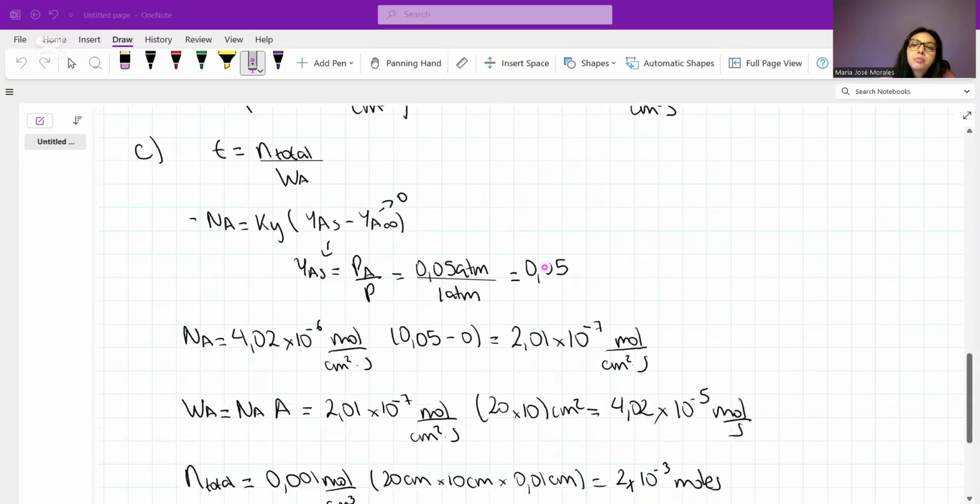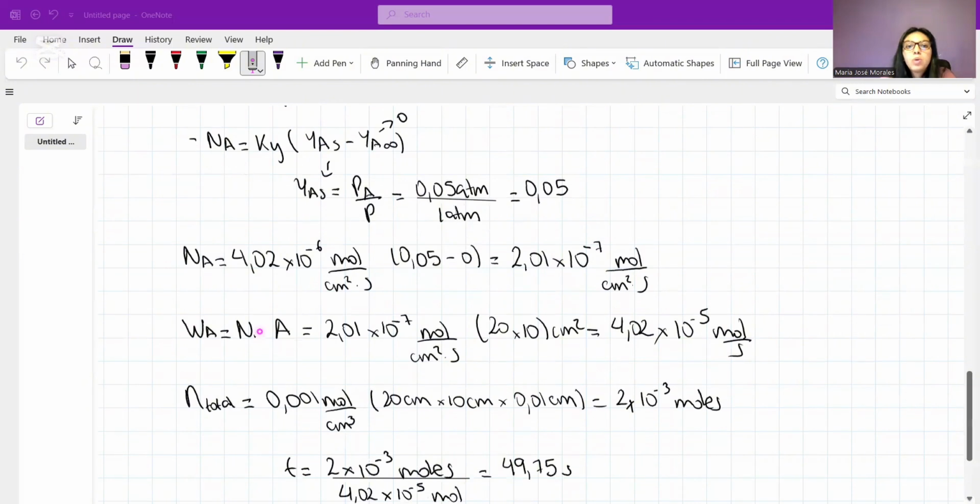We assume that this is 0, and we calculate this with the vapor pressure and the total pressure. Now, we replace these numbers and the numbers that we already calculated in the formula, and we have a molar flux of 2.01 multiplied by 10 to the minus 7 power. Then we replace this number and multiply by the area, which gives us a result of 4.02 times 10 to the minus 5 power.